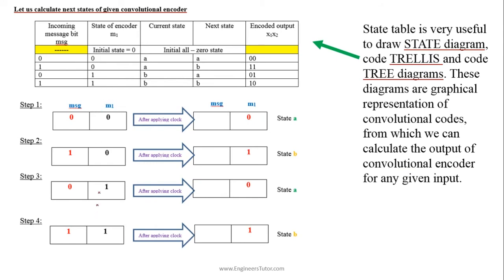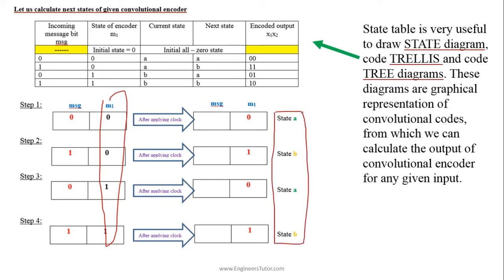So this will be the present state, and after applying the clock pulse we change it to these states. So the initial state is like this, and next state, you blindly remember, will always be the first column. In case of L equal to 1, meaning constraint length 1.